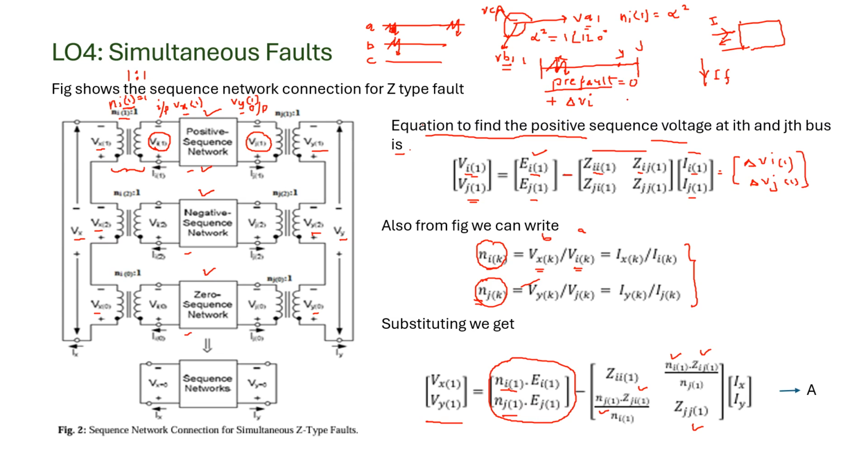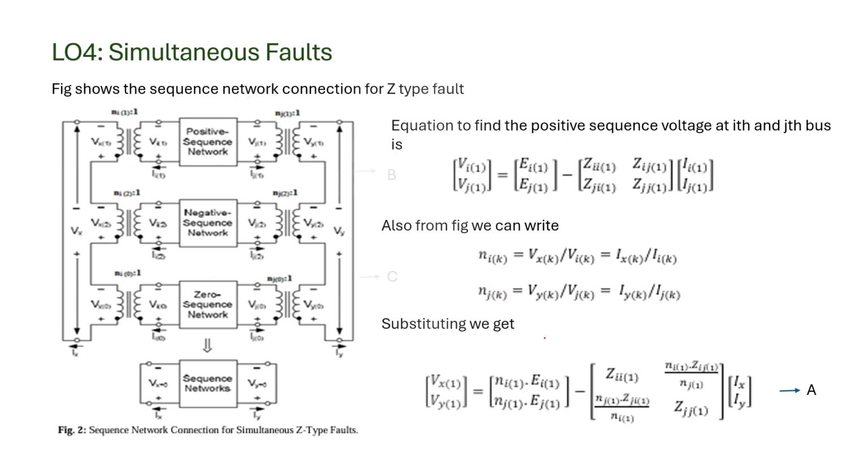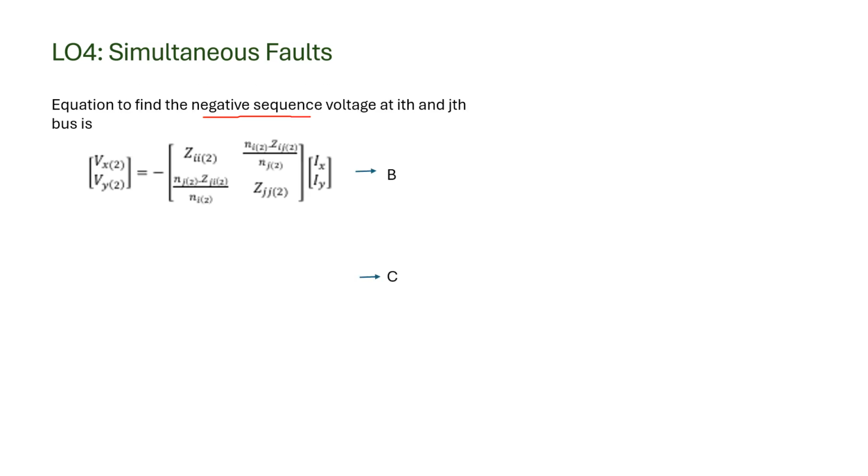So that part will be zero in the negative sequence voltage, and you can have only the change in the voltage at the ith bus and jth bus. So this is the negative sequence voltage equation.